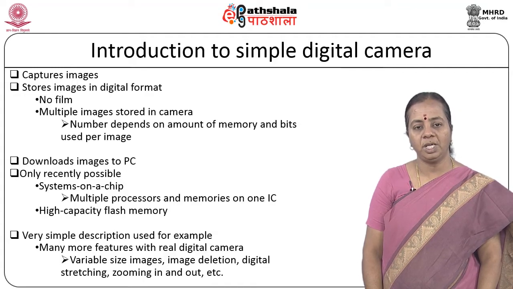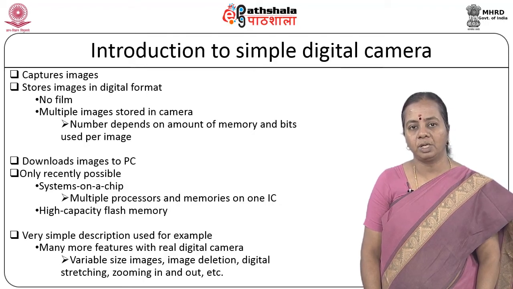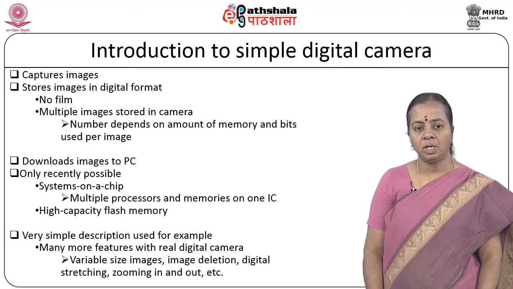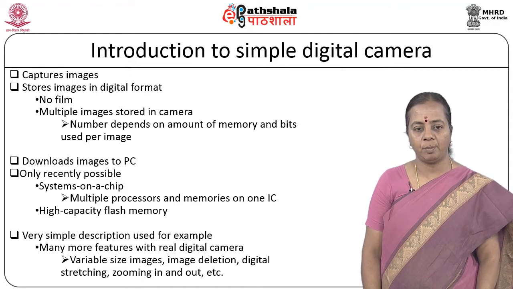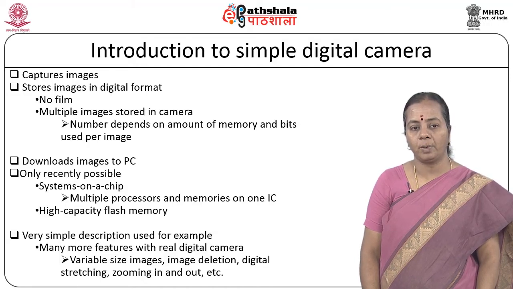Since the stored images look like image files, they can be downloaded to a PC, where you can process them. Nowadays systems on chip are possible in a digital camera, as well as multiple processors and memories on a single IC. High capacity flash memory is also available.